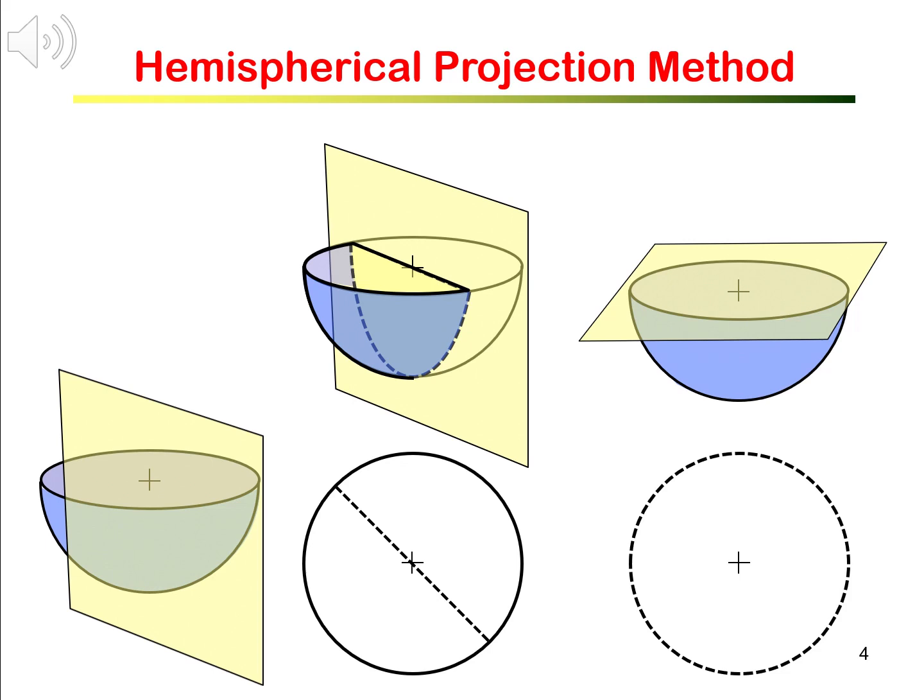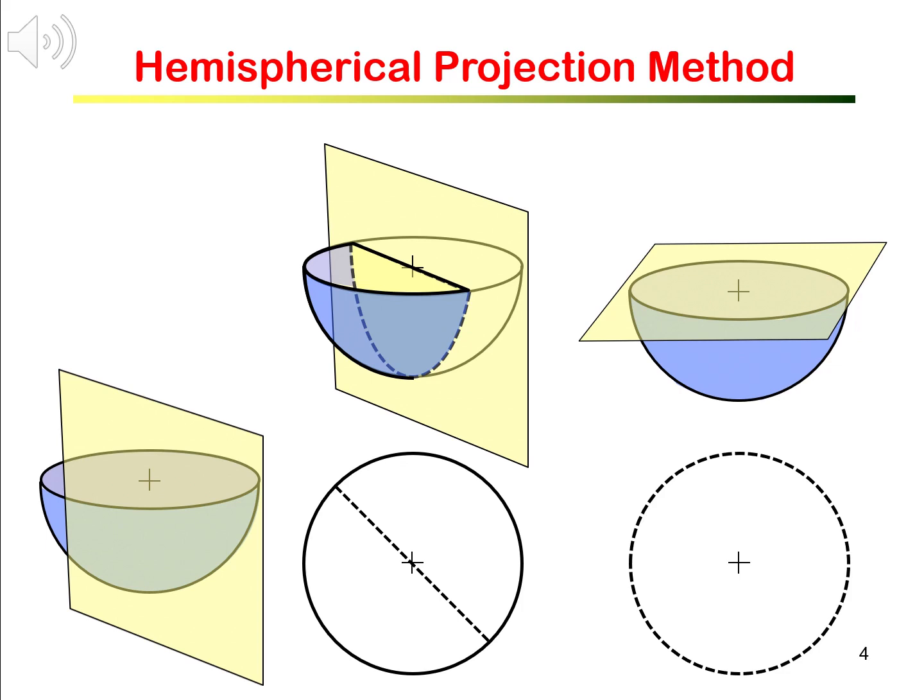Similarly, if you put a horizontal plane through the hemisphere and through the center, it cuts exactly the circumference of the hemisphere. The trace line is a full circle, lying horizontally.